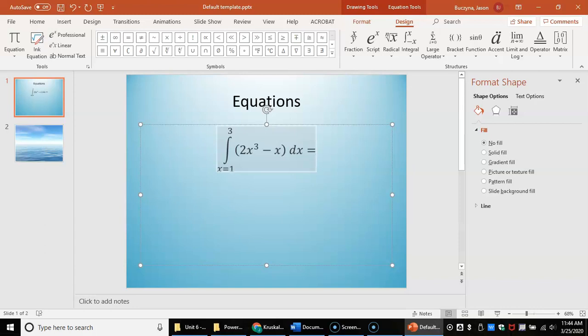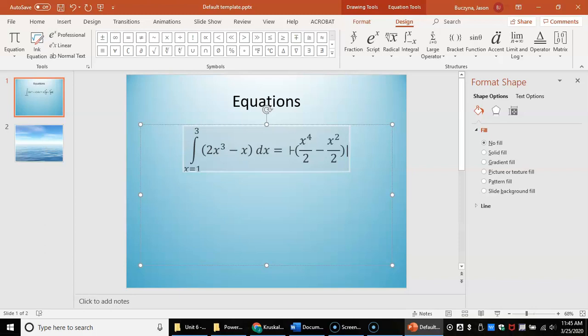Well, how do I do that with those bounds? Here's the trick. You do backslash left, and that gives you a left marker, so to speak. And now we open parentheses with our integrand. So we had an x to the fourth over 4 minus an x squared over 2, close parentheses, and now we shift the backslash key to give that nice vertical line, because that's how we usually like to denote integrals that still need to be evaluated after having their bounds plugged in.